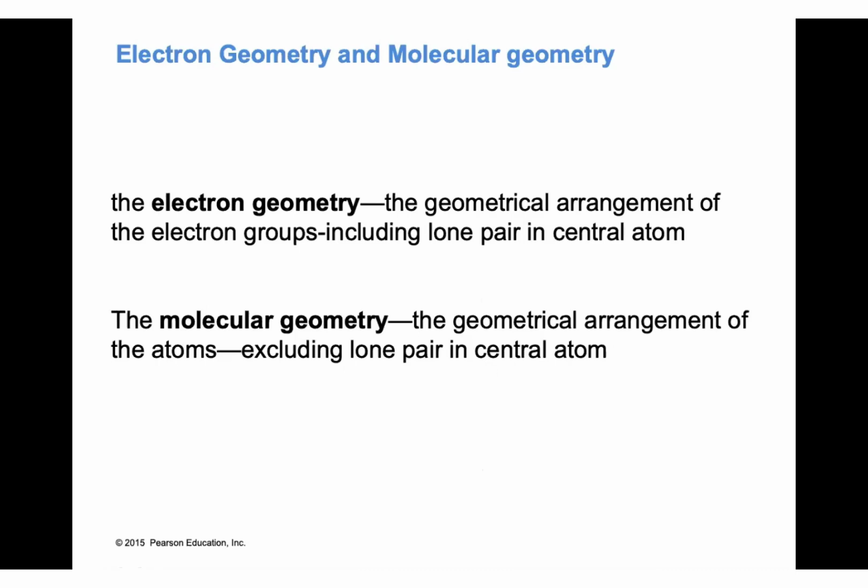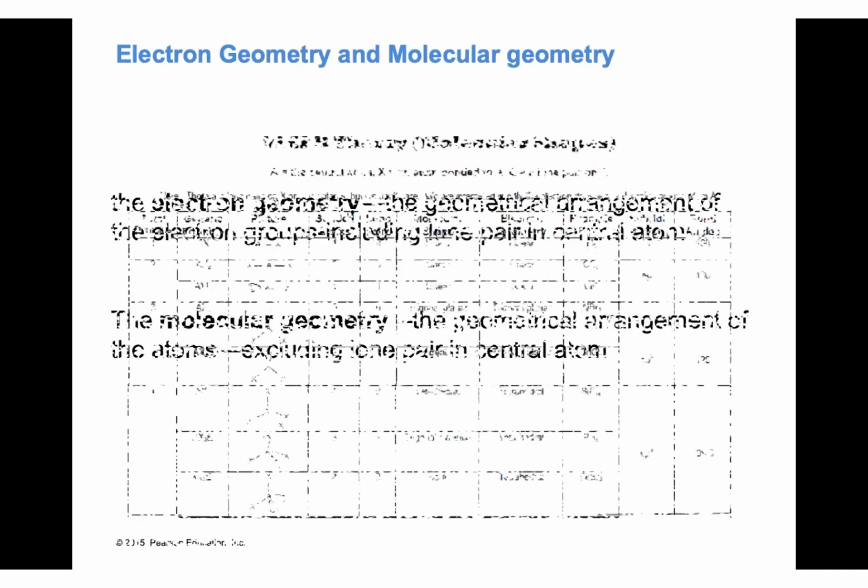If there is no lone pair around the central atom, electron geometry and molecular geometry will be the same. Again, if there is no lone pair on the central atom, the electron geometry and molecular geometry will be the same. I will show you in the next slides.